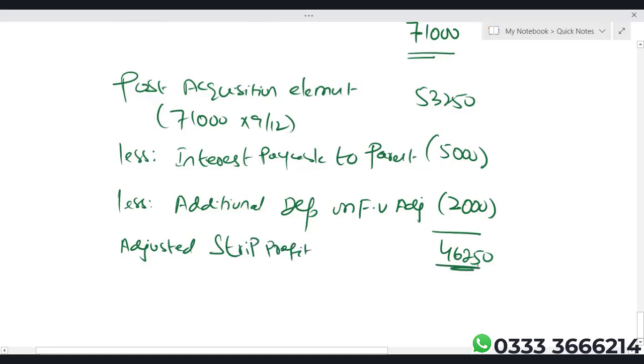In this 46,250, obviously 15% belongs to the NCI. If you take 15% of this, I'm getting 6,937. And obviously we have to give share to the NCI in total comprehensive income as well.